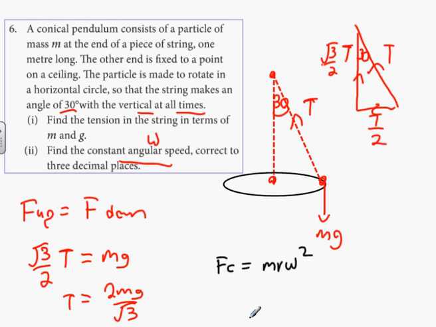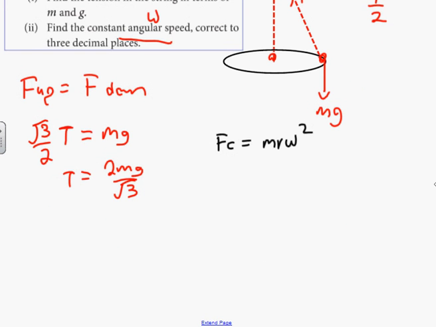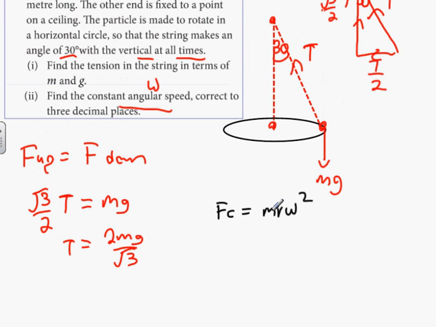Omega squared, yeah. And so what's our force going back in towards the centre? What do we replace this with? T over 2. Mass m. R is, have we worked out R yet?